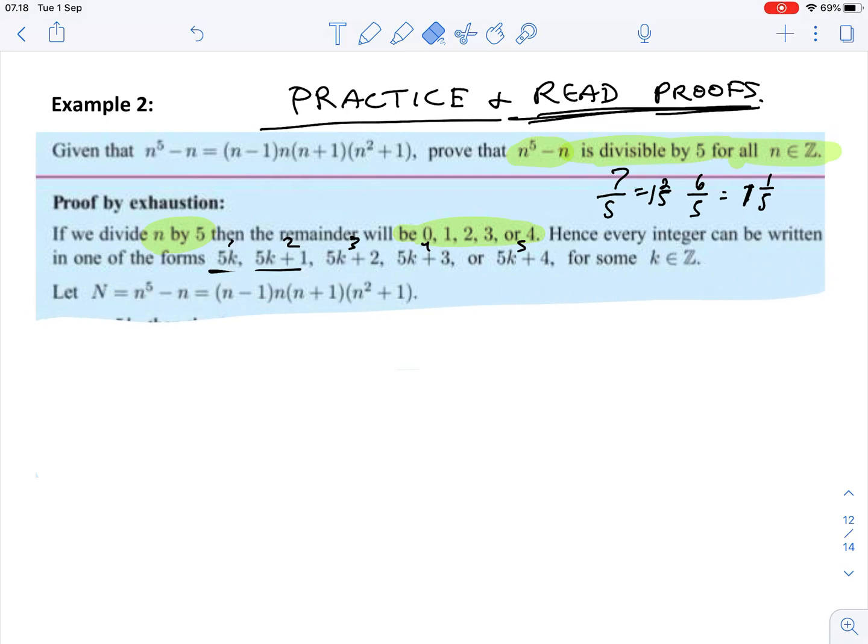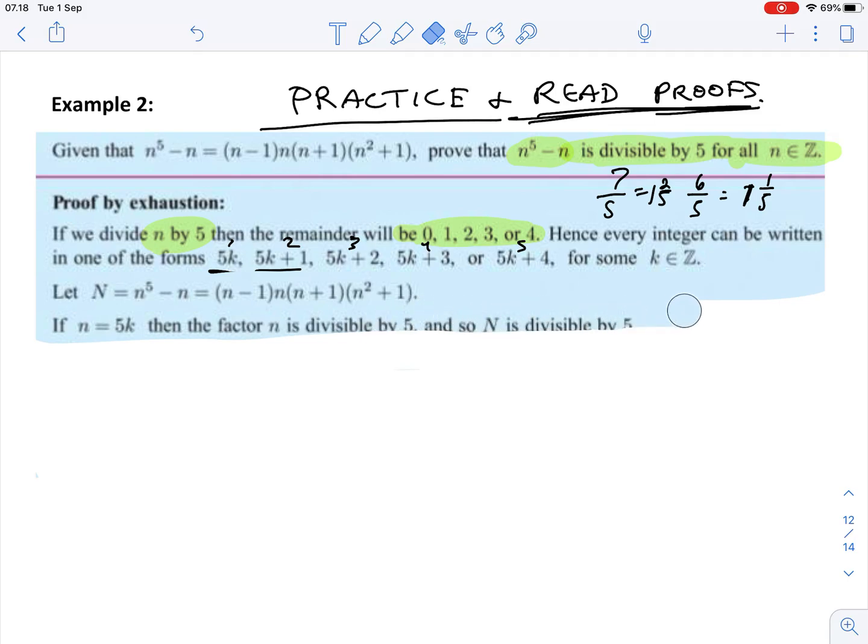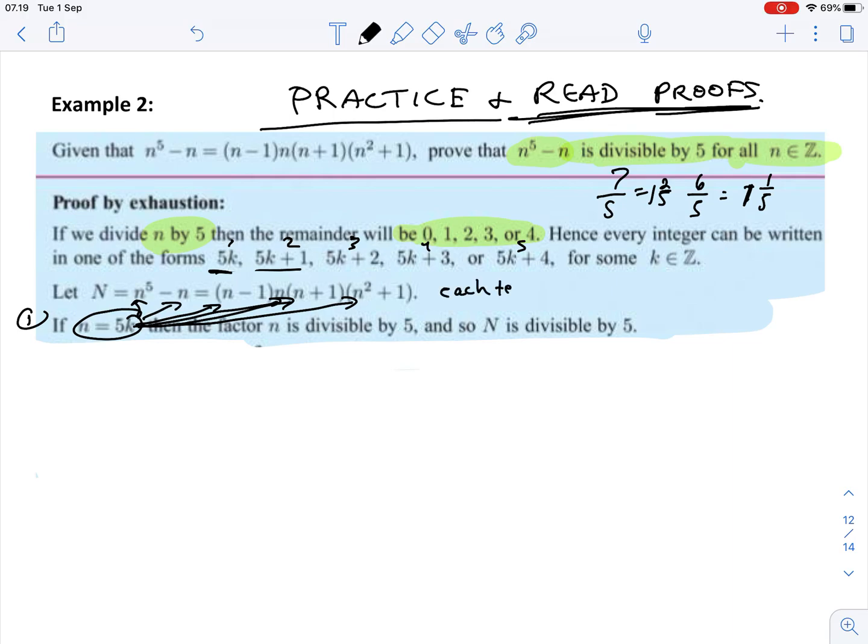So if we let capital N equal that entire statement, the first one we want to check is if n equals 5k, then you plug in 5k to each n. You do this, and you end up getting that each term is divisible by 5.